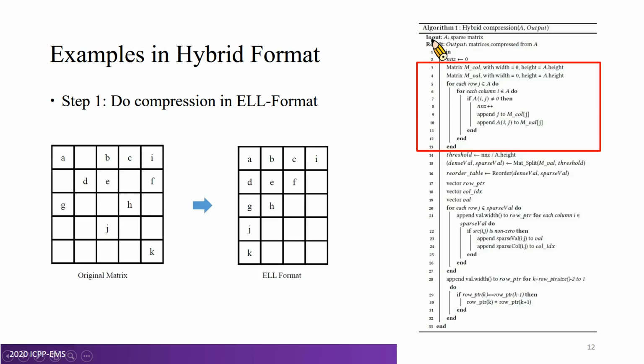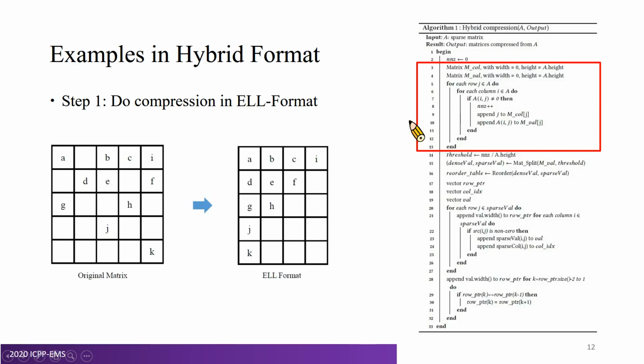Algorithm 1 shows the algorithm for our hybrid compression method. Let m_column and m_value denote two arrays that store the column index and the value of non-zero elements, respectively, as shown in third line to 13th line.